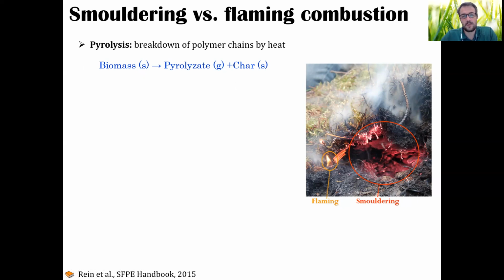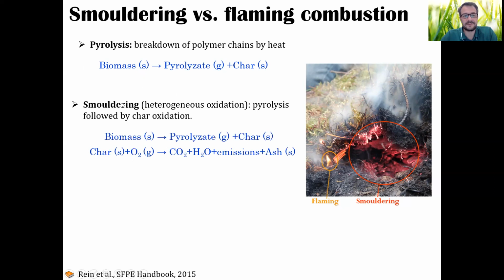It's just a matter of which phenomenon is going to extract that chemical energy, leading to flaming or to smoldering. In the case of smoldering, we have the pyrolysis step that produces pyrolysate and char, and this char then oxidizes with the oxygen in the air, which is the core of the combustion process.